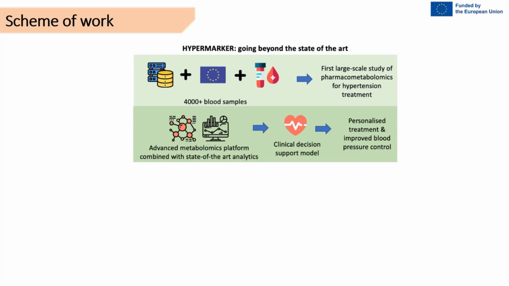The metabolic profiles have been generated by a team at the University of Leiden from plasma samples using high-resolution mass spec. These are then being combined with conventional clinical features through machine learning approaches, which Animesh will go on to discuss later. This is about whether we can see how someone may respond to an individual drug class of antihypertensive.